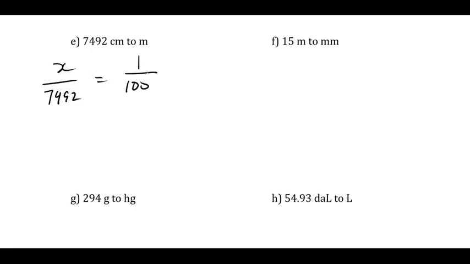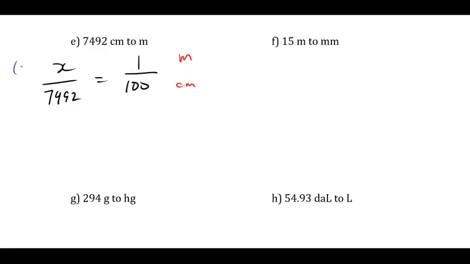Okay, so take a look. We have meters on top and centimeters on bottom in both cases. So Jake got us started right. How many meters is 7,492 centimeters if 1 meter is 100 centimeters? Okay, and then how do we end up doing this one?